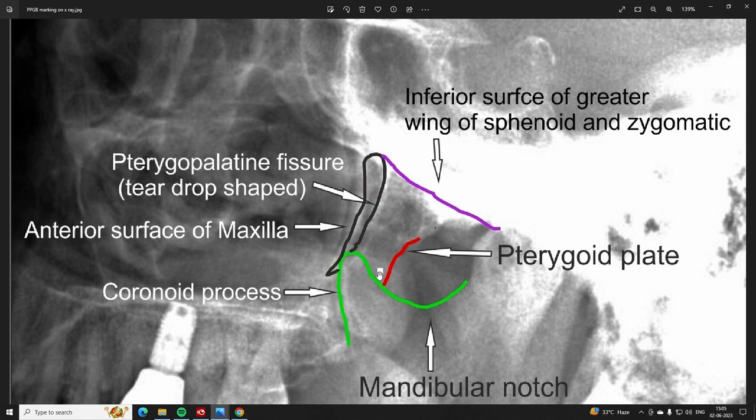This is a procedure where you cannot do it in end-on view. You have to do it out of the end-on view, out of the plane. So I will take the needle as anterior as possible, or just posterior to the coronoid process, so that my needle will be almost parallel to enter into the pterygopalatine fissure.